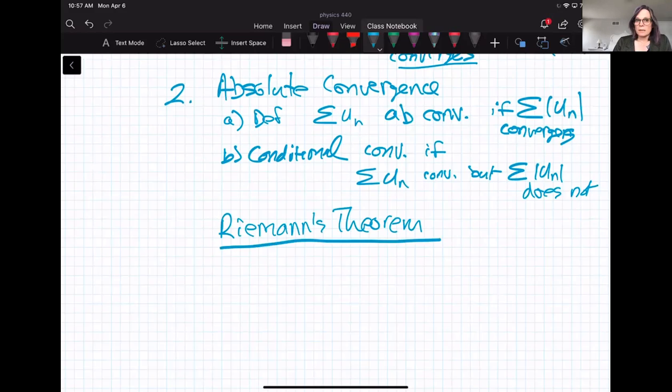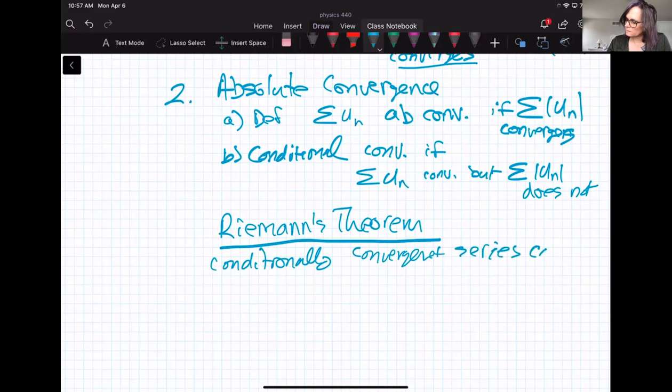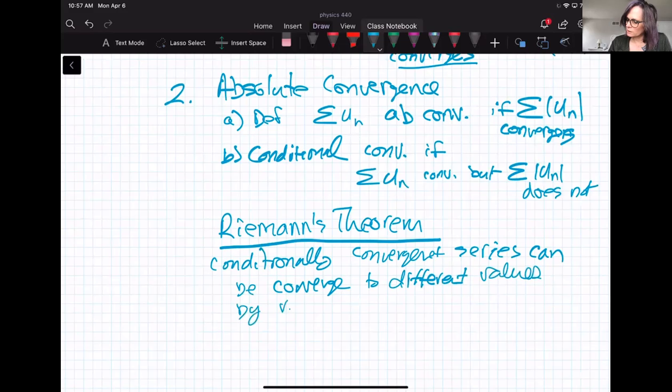Well, as you might suspect, when you have things that are adding and subtracting like this, depending on where you stop that series, your partial sum may be positive or negative, right? So conditionally convergent series can be made to converge to different values by rearranging the values.